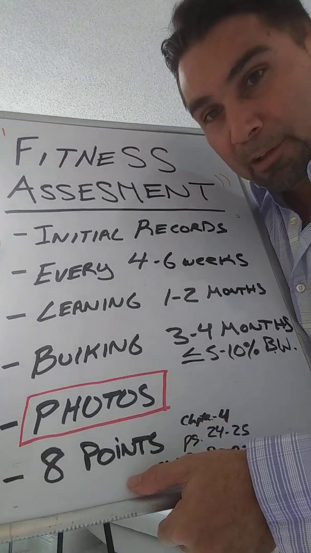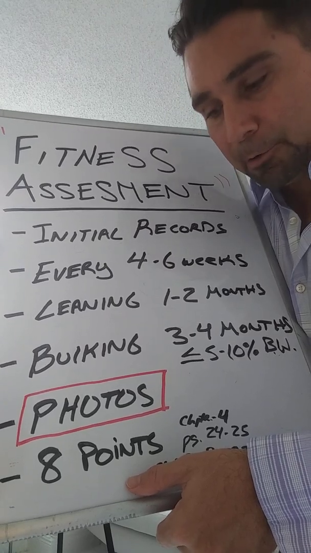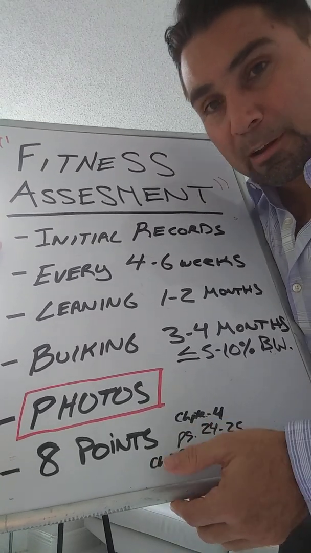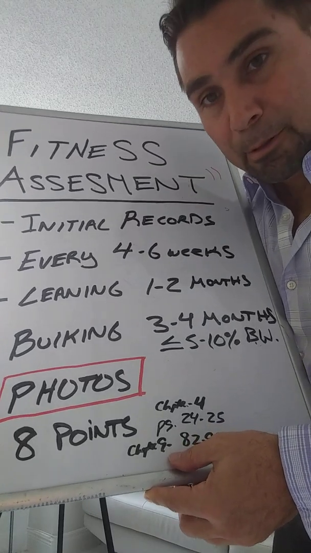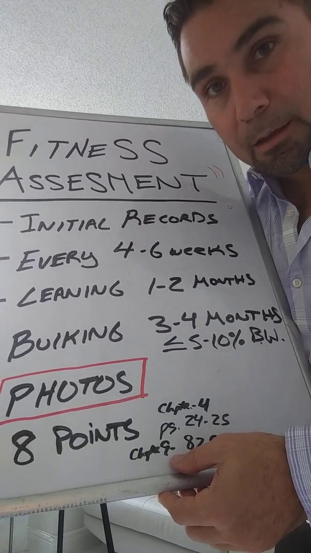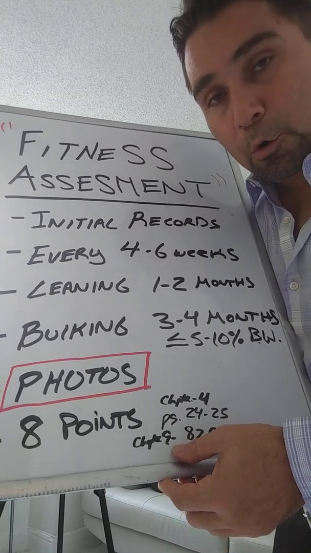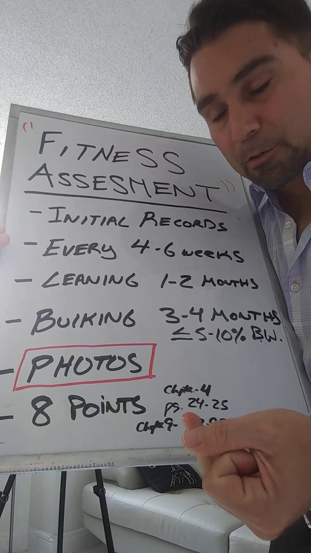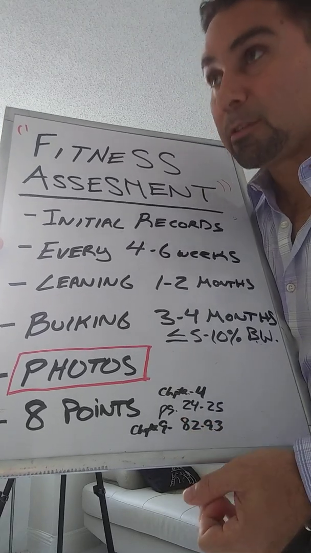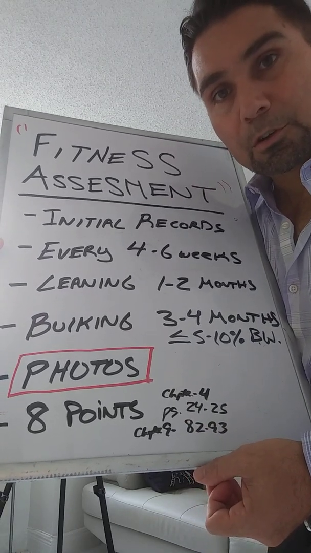Review your 8 points of interest, which you have in Chapter 4, pages 24 and 25 of the first edition manual, and also your game plan, how you're going to formulate your exercise prescription, which includes your exercise regimen, your physical activities prescription, and what else does it include? Nutrition journal.